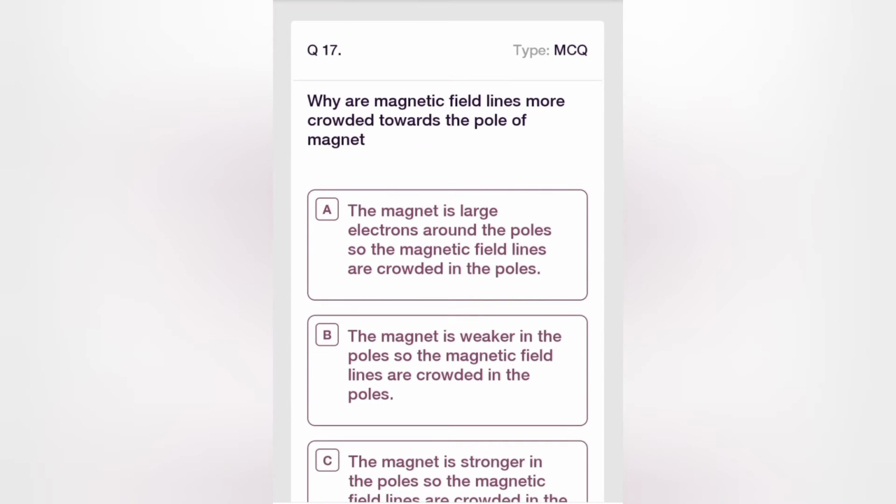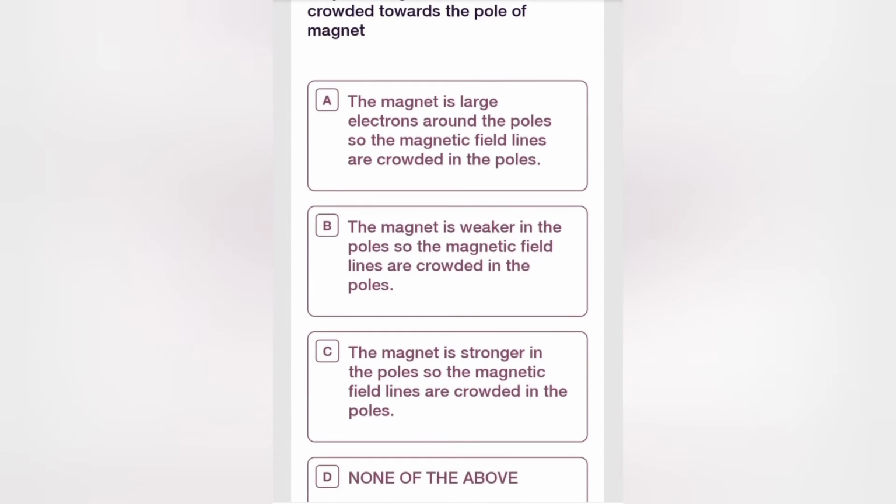Next question. Why are magnetic field lines more crowded towards the poles of the magnet? Option A, the magnet has large electrons around the pole, so the magnetic field lines are crowded in the poles. Wrong. Option B, the magnet is weaker in the pole, so the magnetic field lines are crowded in the poles. That's wrong.